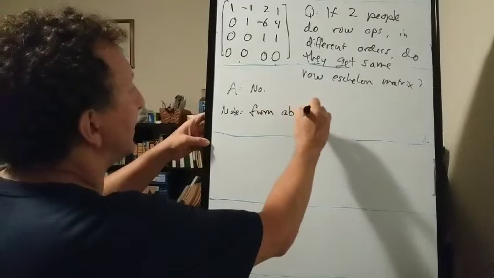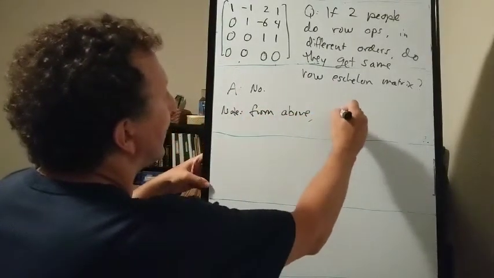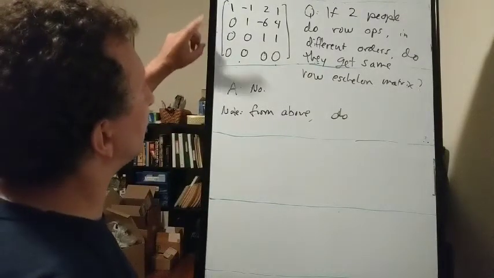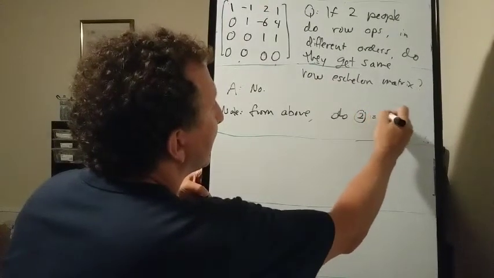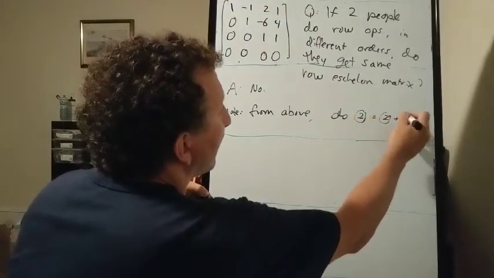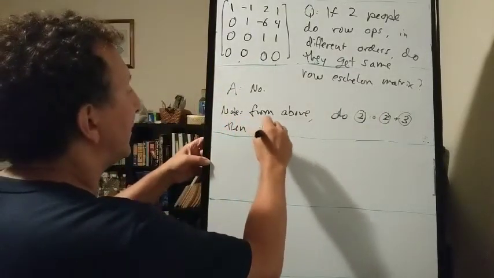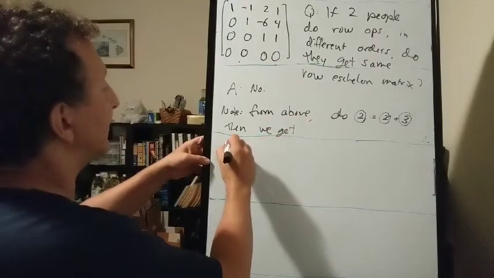They're not necessarily the same. If we start with the matrix above and we do row 2 becomes row 2 plus row 3, then we get, let's see, row 1 stays the same.